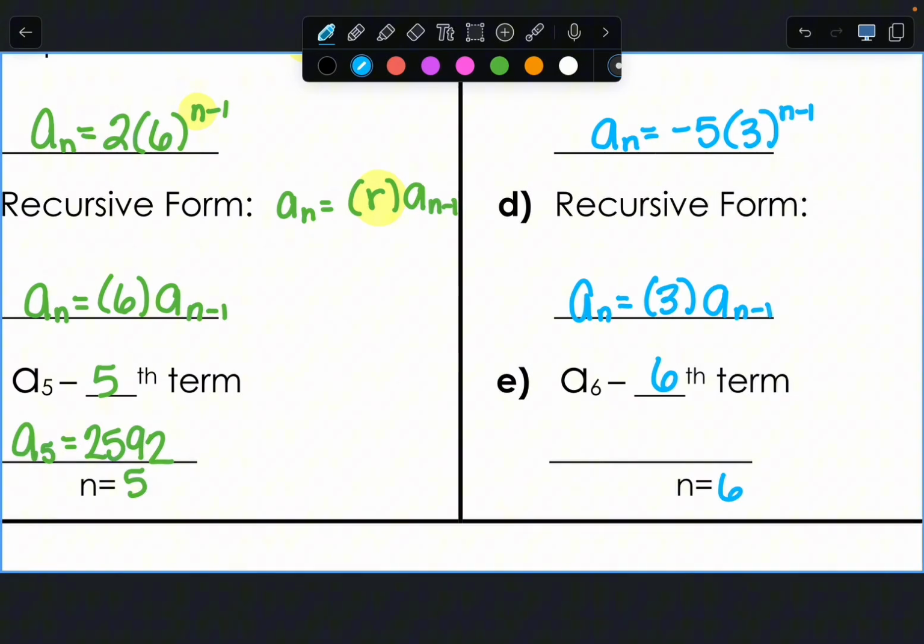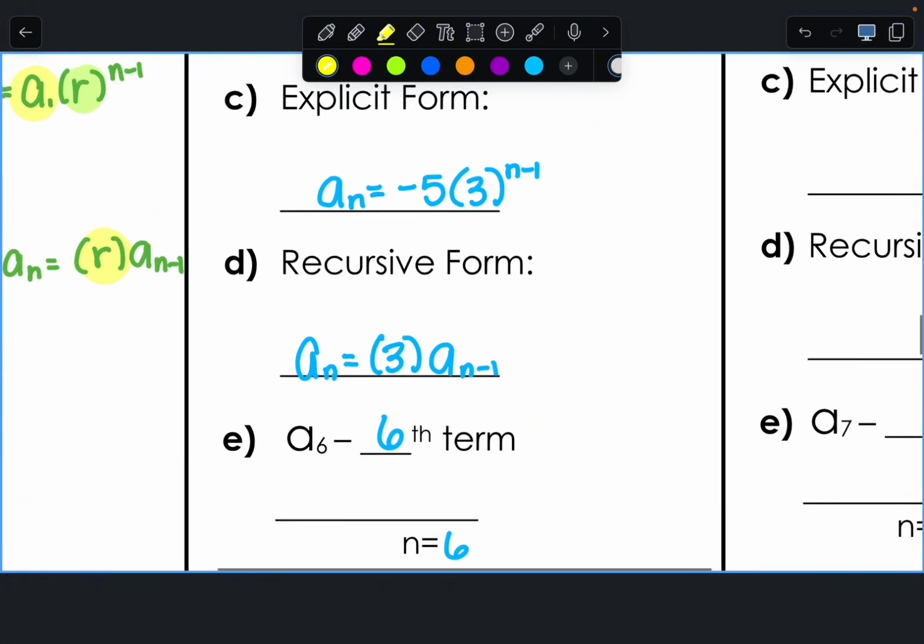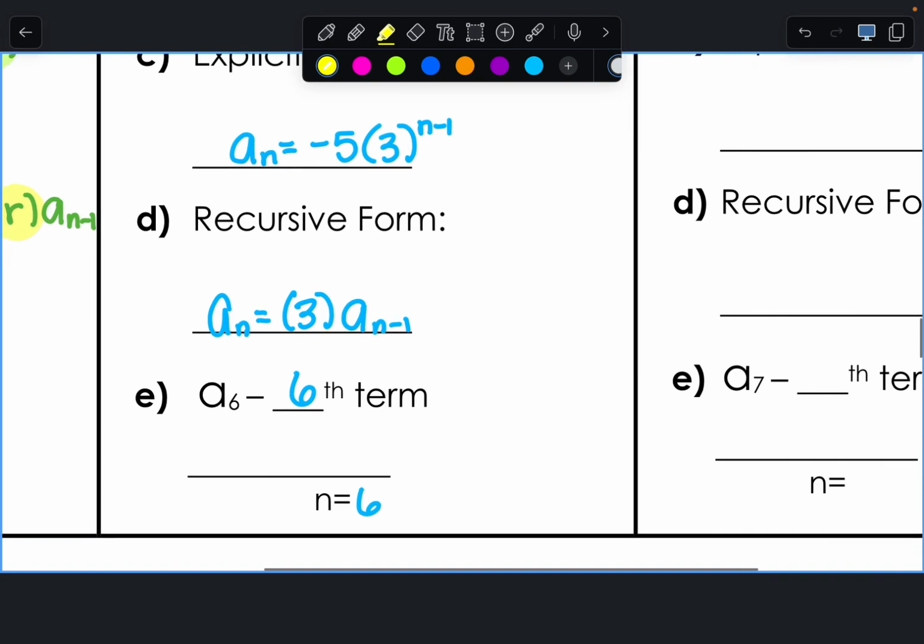Also not correct. No, y'all aren't typing this incorrectly. You're typing in negative 5 times 3 to the power of 6 minus 1. Negative 1,215. Okay.